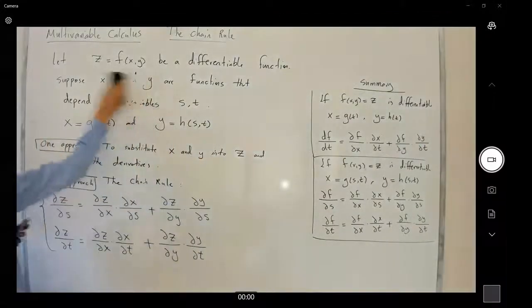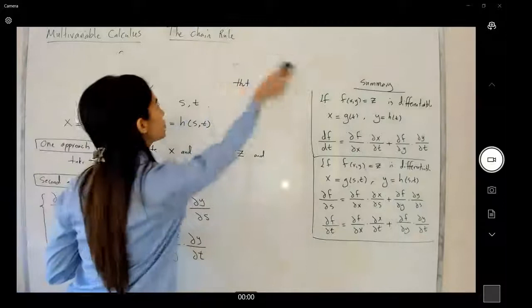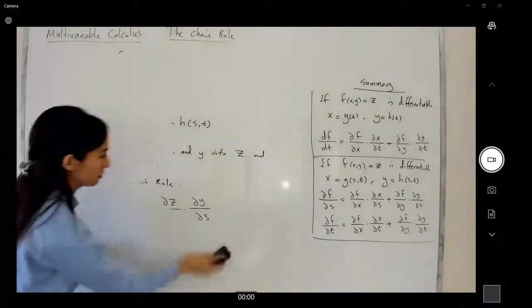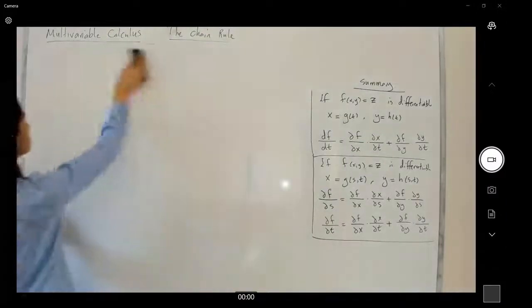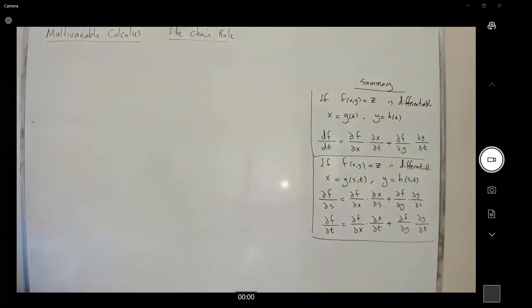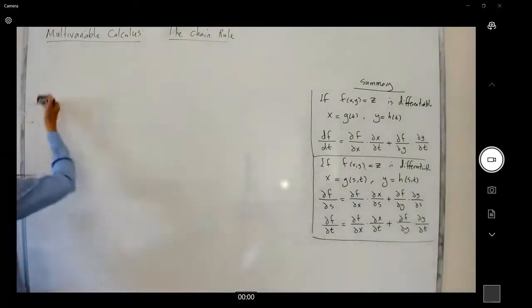Let's go over one example to feel more comfortable about using the chain rule. So this example says, we are still on page 1. Suppose you have a function defined this way.